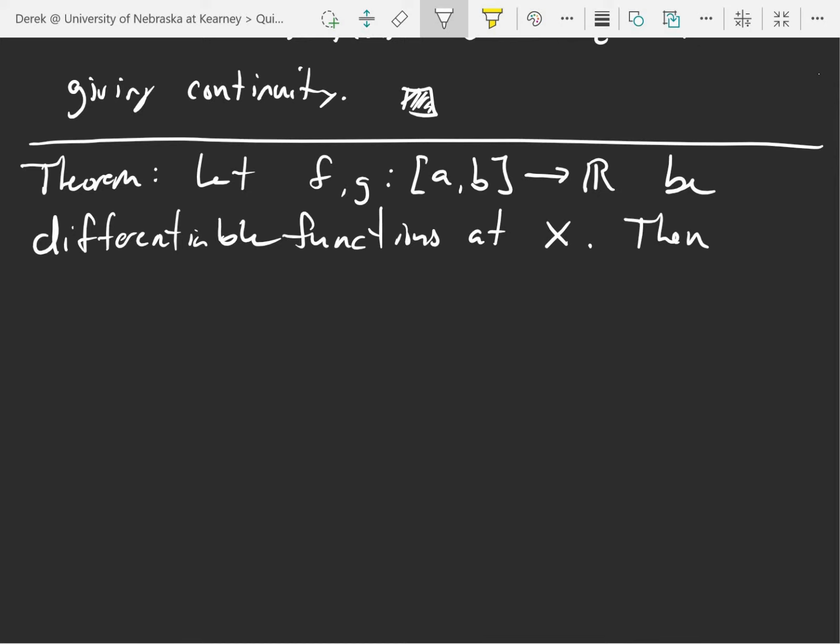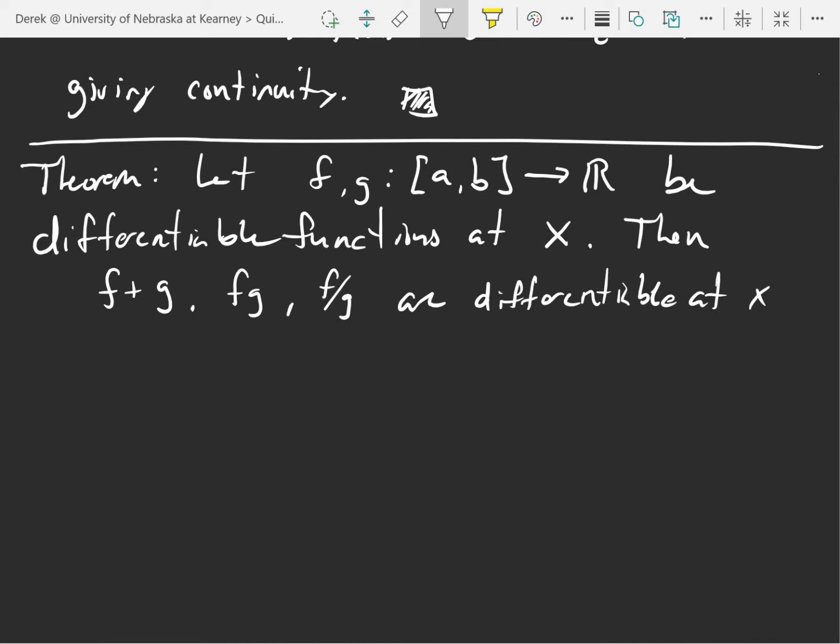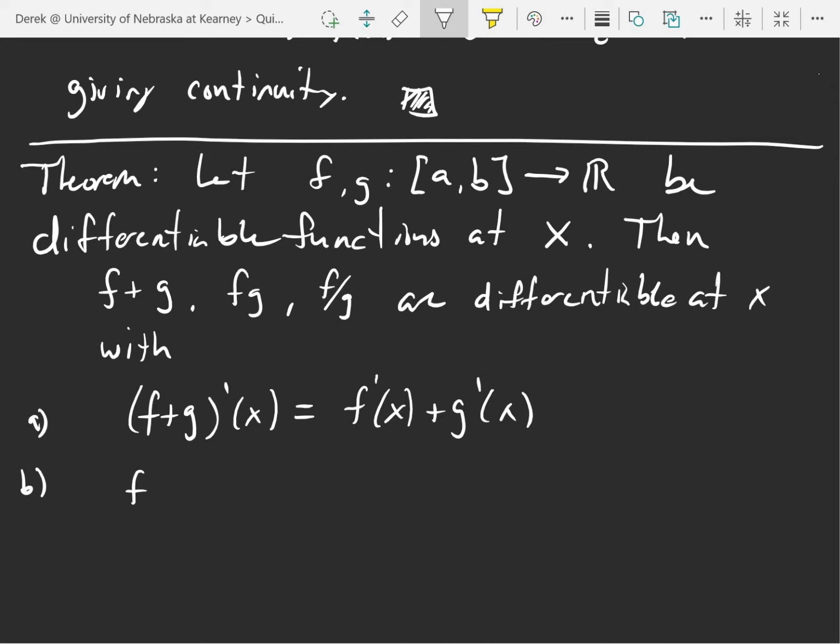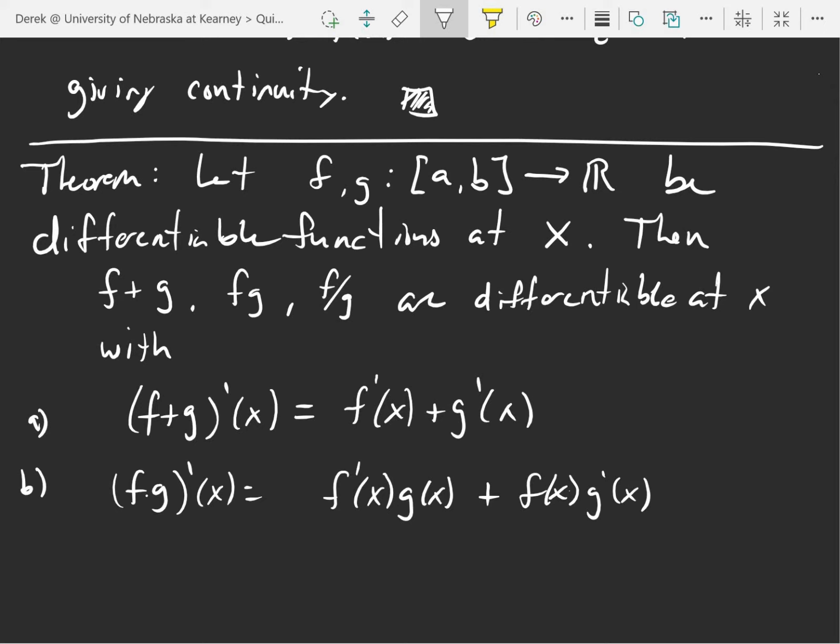Then three things happen. f plus g, f times g, f divided by g are differentiable at x, with (a) (f plus g) prime at x equal to f prime at x plus g prime at x, (b) (fg) prime at x is equal to f prime at x g(x) plus f(x) g prime at x. That's my product rule.